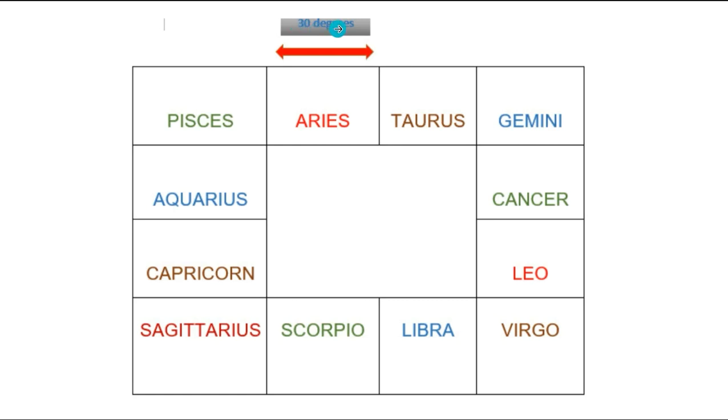So for example, if a planet is at 0 degrees, it basically means that the planet is very weak, whereas if it's at 24 or 25, it means that it's a very mature planet. But these things vary depending on context.